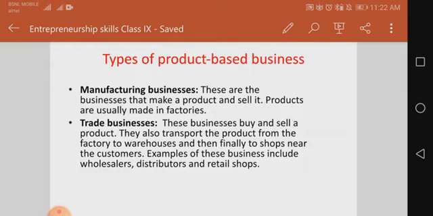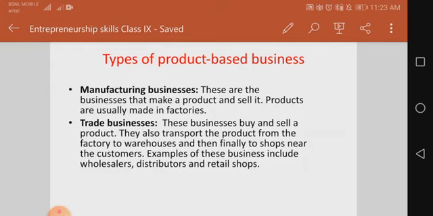So you can own either of these businesses: you can manufacture the products or you can trade the products. When you are a manufacturer, you have to deal with factories, and you have to own a factory or a mill or a place where you can establish your factory. You will need raw materials and government permission. You need no objection certificates from various organizations to manufacture your products.